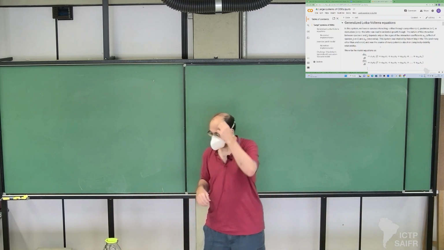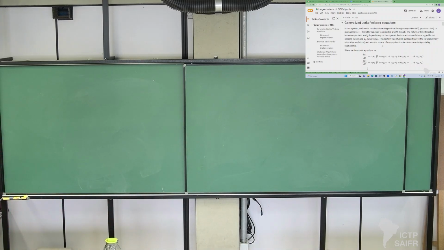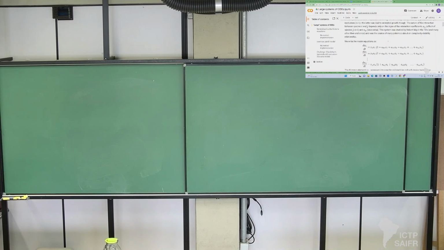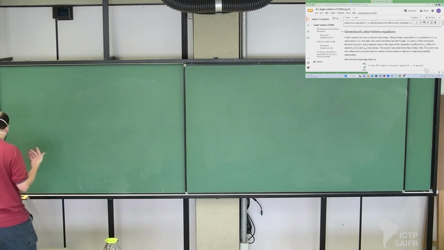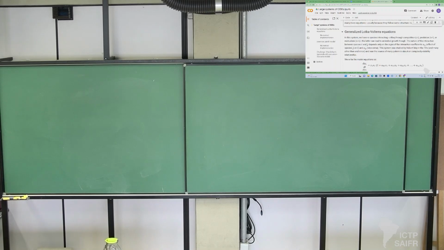The first one that I want to show is the generalized Lotka-Volterra equations. I'm going to write this down on the board, because it's better than just scrolling through the text. I'm going to tell you more or less what is in the text, but it's much easier to understand if I use the board.